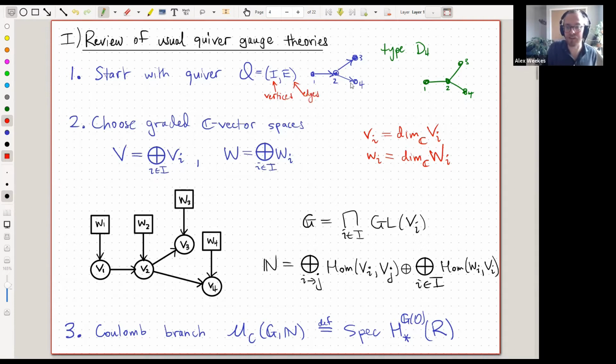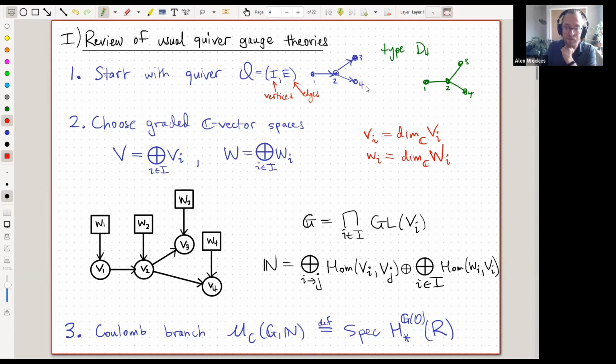So here would be an example of such a thing. This is the orientation of the D4 Dynkin diagram. It's a particular choice of orientation. And then what do we do? We choose a bunch of vector spaces. You can think of them as being graded by the nodes of the diagram, which is to say that we have a vector space at every node labeled by V, and then we have another set of vector spaces also at every node, which we call W. And you can encode this in this nice picture here.